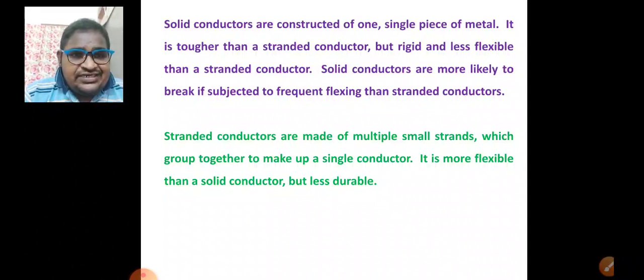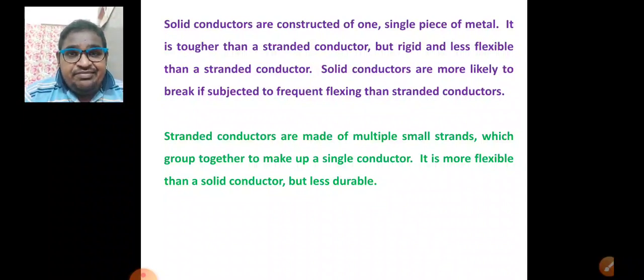The stranded conductors are made up of multiple small strands. As already we discussed, a stranded conductor in the sense is a bunch of wires, so strands will be there, many layers will be there.